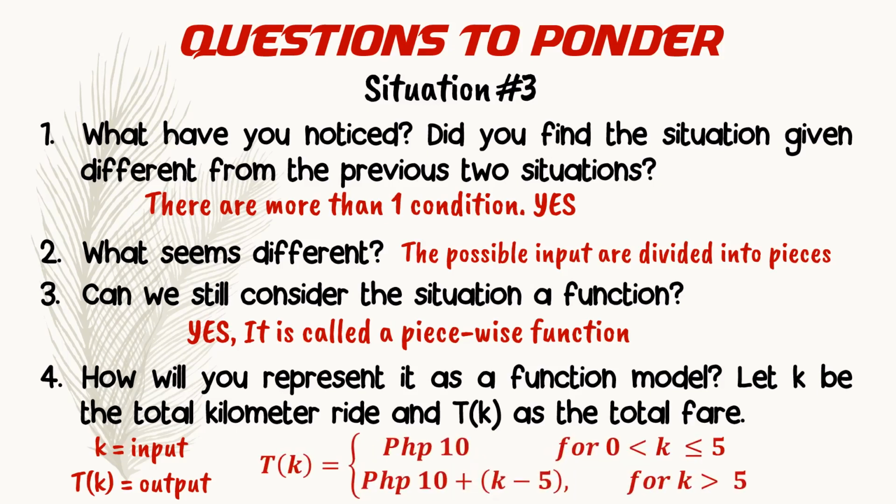We can write it this way. 10 pesos for k less than or equal to 5, meaning if you cover 5 kilometers or less, you will only pay 10 pesos. Now, if you cover more than 5 kilometers, you will have 10 pesos plus k minus 5. For instance, if you cover 7 kilometers, that will be 7 minus 5, which is 2. So the additional amount to pay is 2 pesos plus the 10 pesos for the first 5 kilometers.